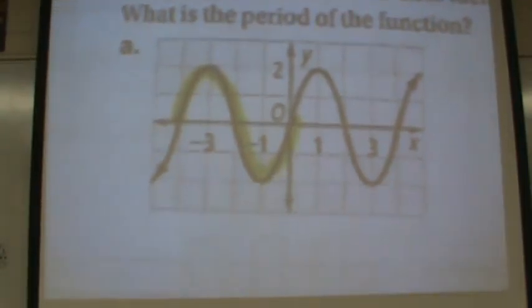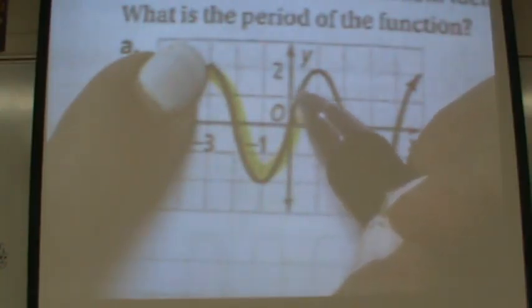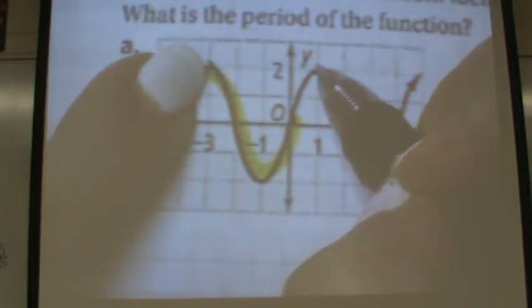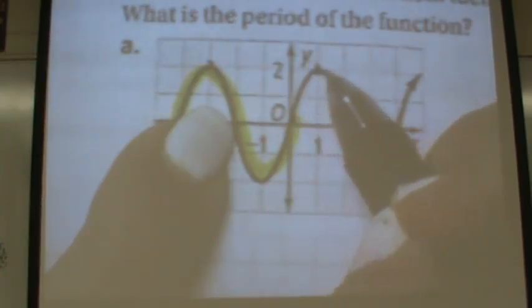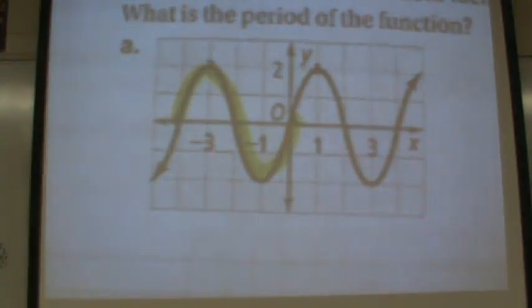Now, did anyone start their cycle here? If you would have started it here, it would have started again where? Here. So from here to here would have been one full cycle. What if I wanted to start right here? Where would it start again? Right there. In any case, can you tell me the length of one full cycle?